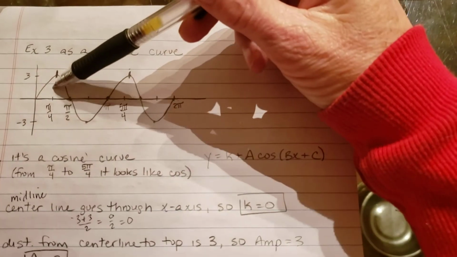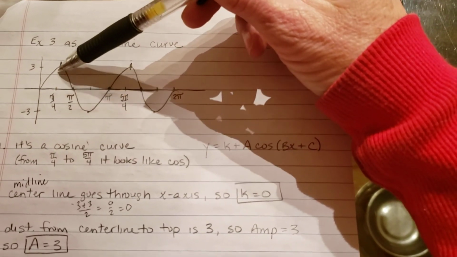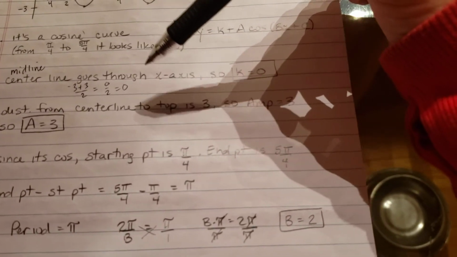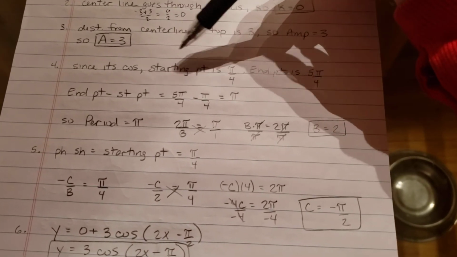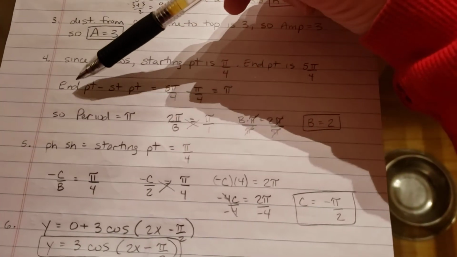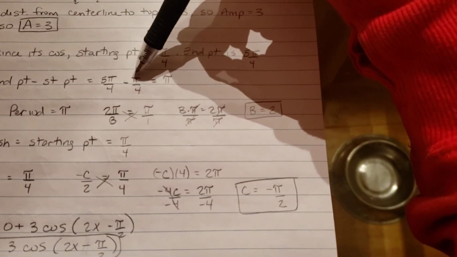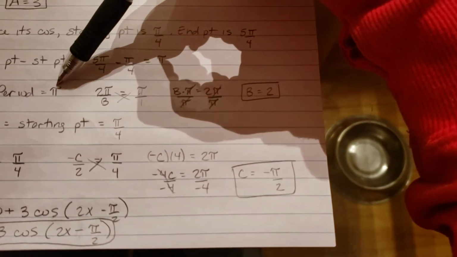The starting point for that period is pi fourths. The ending point is 5 pi fourths. So the period is the ending point minus the starting point. 5 pi fourths minus pi fourths, which equals pi. Okay, so the period is equal to pi.